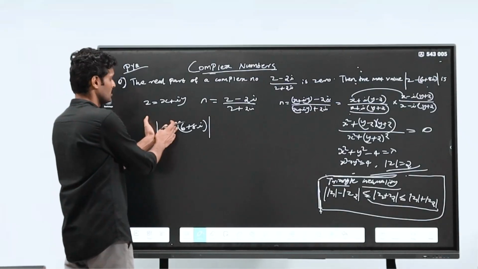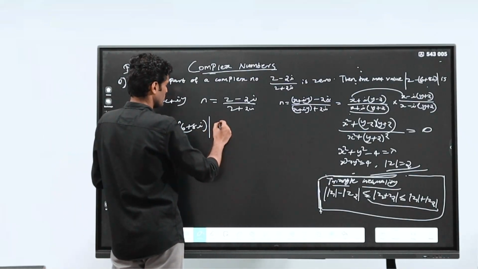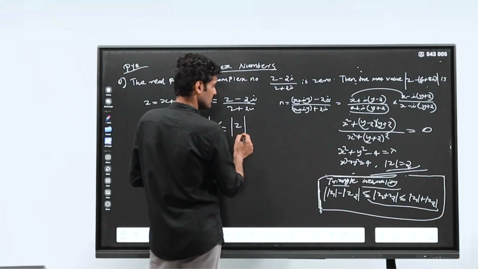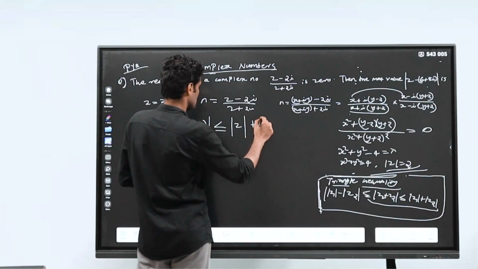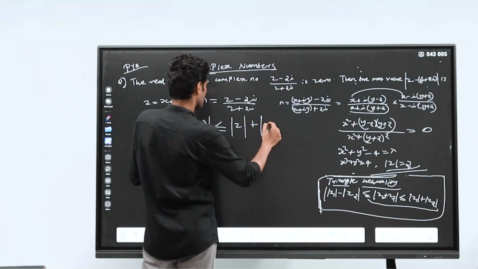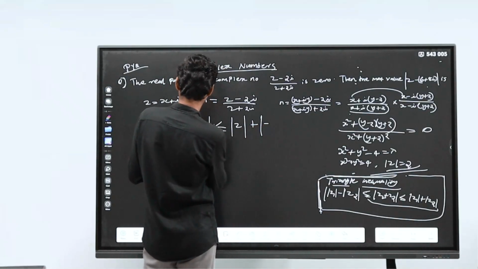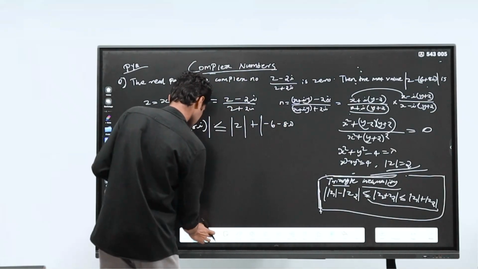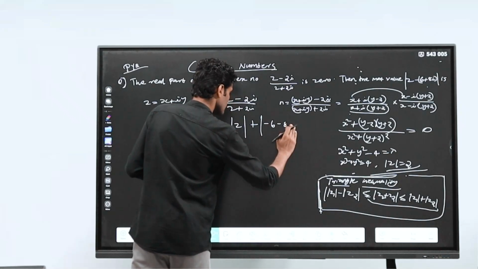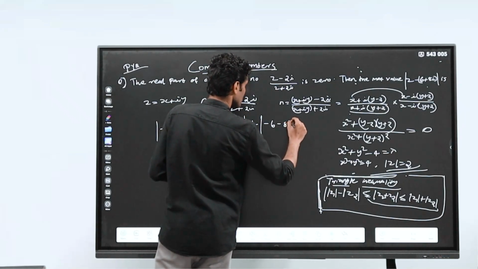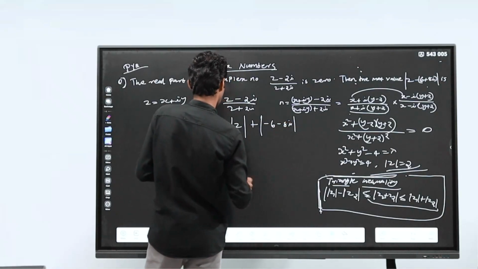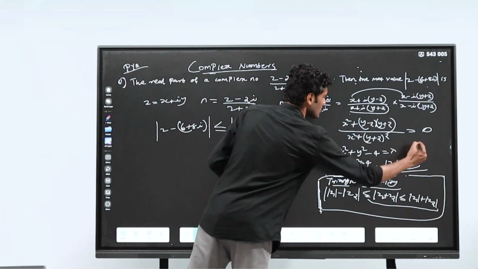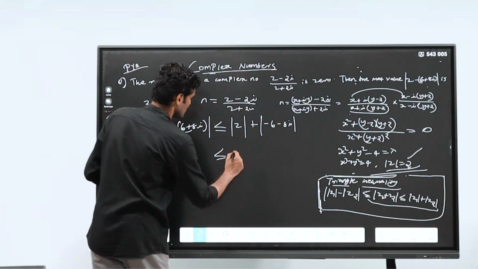Then we can split the modulus: it is less than or equal to |z| plus |−6 + 8i|, taking this minus inside, |−6 − 8i|. So we got the value of |z|, which is equal to 2. We can put it here, it is 2.